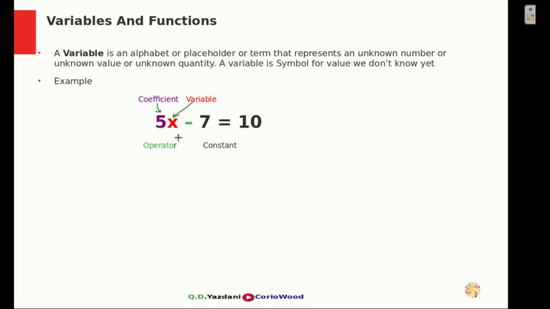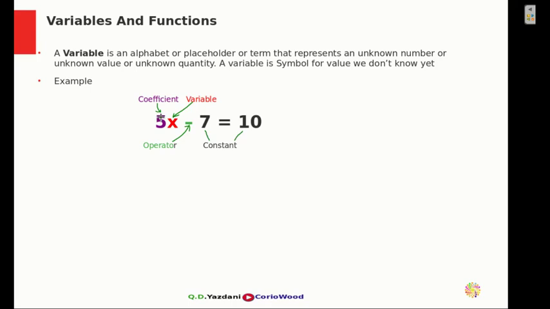Now which one is the operator? There is a minus, and this minus is the operator. Keep in mind the left hand side is operands and the right hand side is operands as well. Now which one is a constant? The constants are number 7 and number 10.